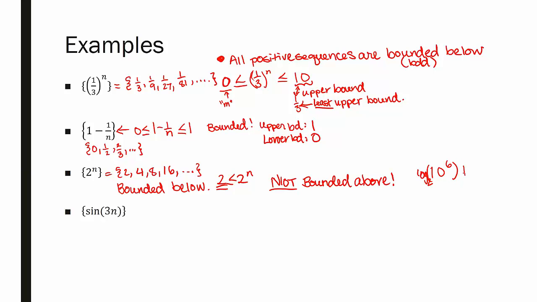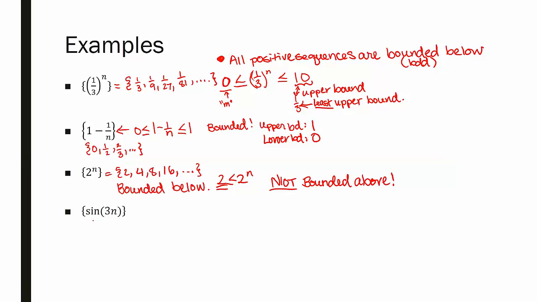So if I add 1 to that, rounding up to the next largest whole number, then 2 to that power would be bigger than 10 to the 6th, and therefore it wouldn't be an upper bound. So any candidate I would have for an upper bound would not be big enough. The sequence keeps growing without ceasing.